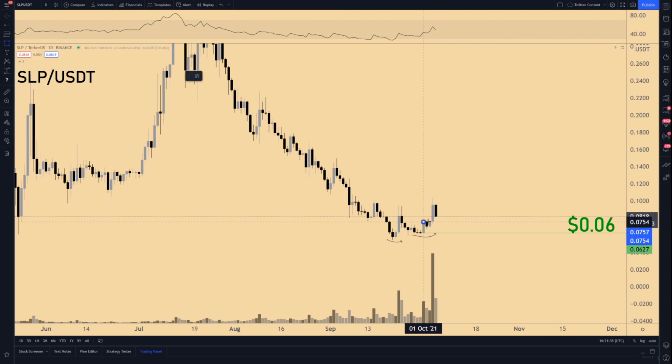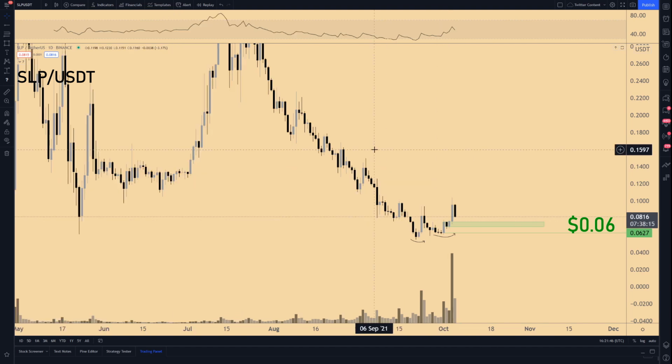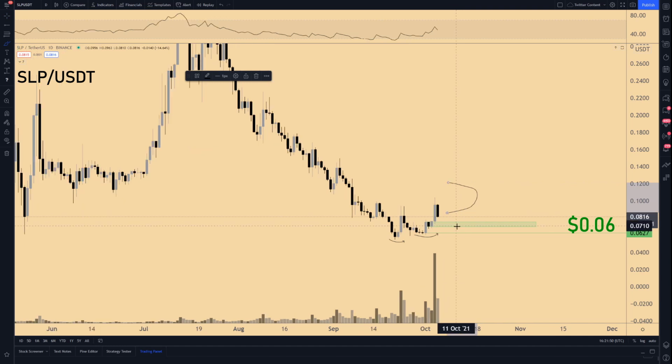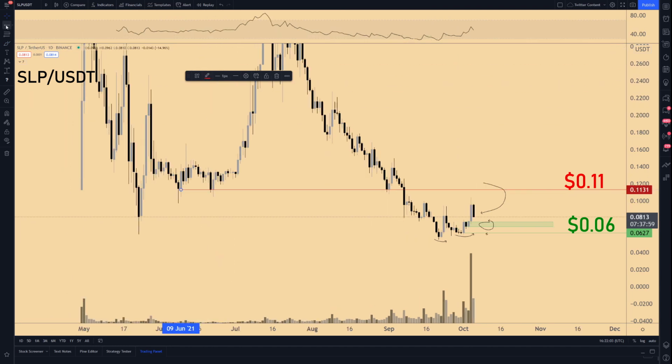Overall, looking at any structure in this zone, taking an entry around the area of 7 cents to 7.5 cents is still fine. Debating whether the daily candle is enough for you to grant an opportunity, but looking for the long in this range, and therefore placing your stop beneath here and your target zone based on historical price action, through which you're looking for any TPs in this range first, and then the second one the other side of the range.